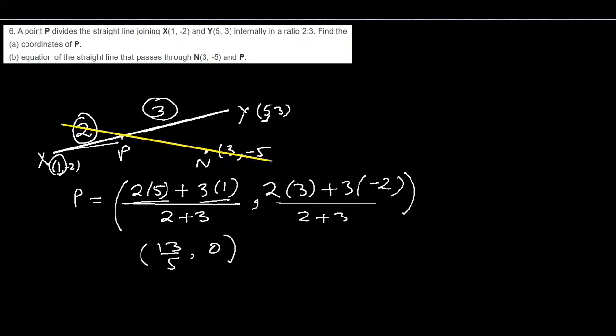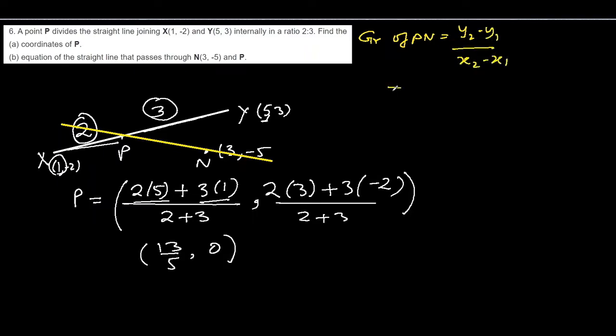Now, for finding the equation of a line that passes through 2 points, we need a gradient first. So the gradient of PN will be y2 minus y1 over x2 minus x1.